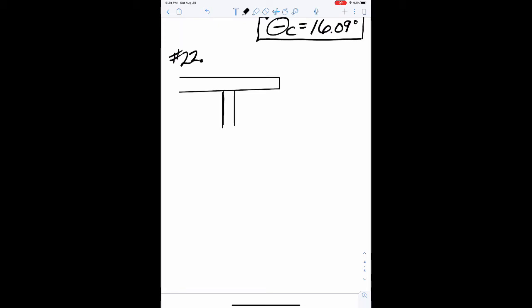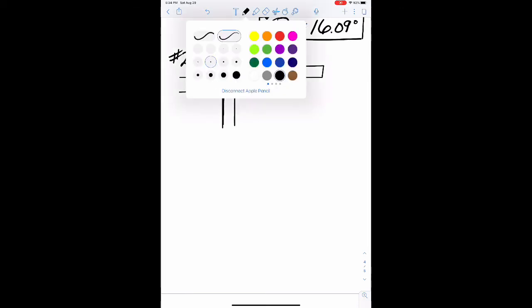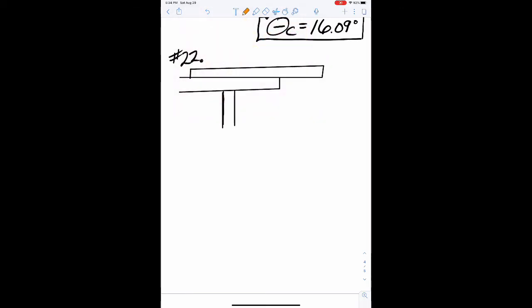Let's see. I think it looks something like this. Okay, so they tell us, let me see if I can get a different color here, maybe orange.